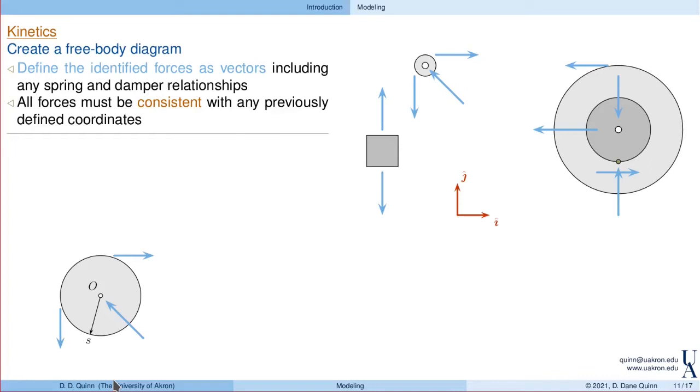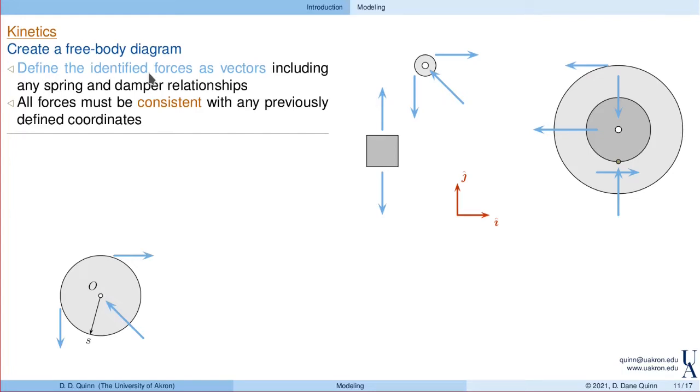I can't stress enough how important it is to draw a good free body diagram. For me, a good free body diagram includes all of the forces, and it defines those forces as vectors, so that when I go to apply momentum balance, all I really have to do is take whatever I define these forces as and carry them over into the equations of motion.